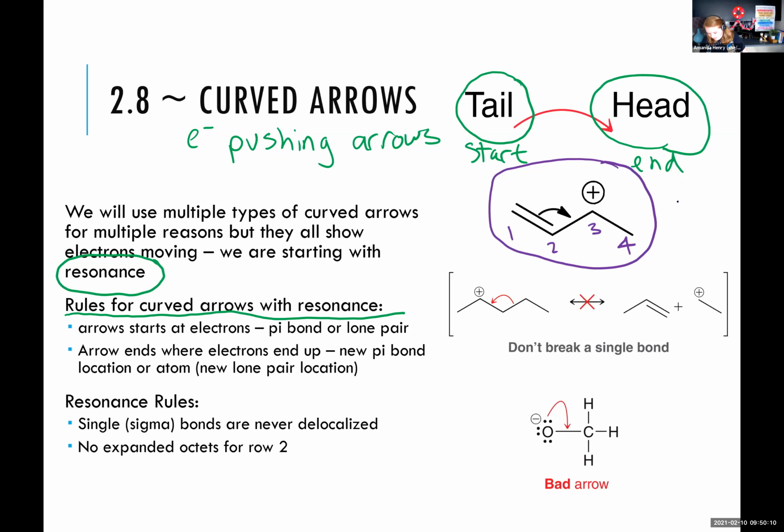So after that arrow has done its thing, our double bond is now right here, and carbon number 1 would have that positive charge. So when we move those electrons, we are almost always also moving a charge, whether it's positive or negative.